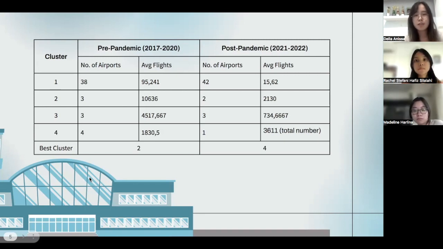This may be due to the fact that Cengkareng is the biggest and the busiest airport in Indonesia, and it is also located near Jakarta, the capital city of Indonesia. And in addition, there was a MotoGP event in Lombok from 18 to 20 March 2022 with the highest daily route intensity from Jakarta to Lombok during that event.